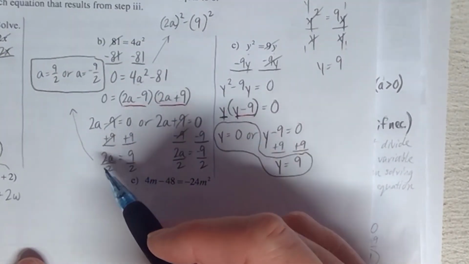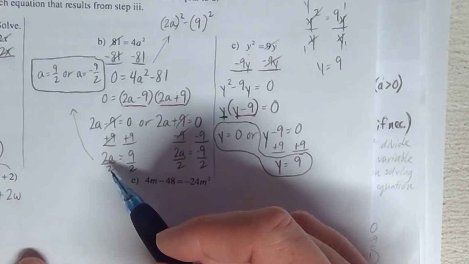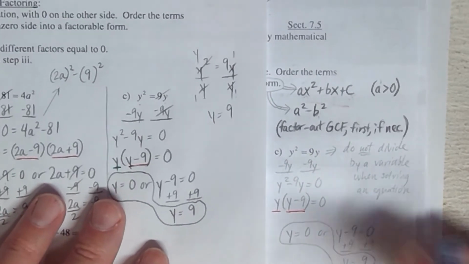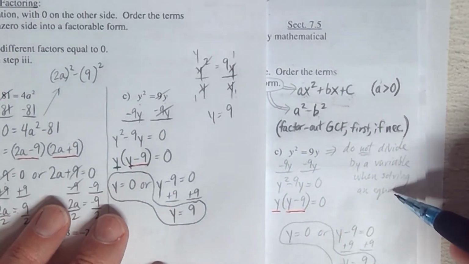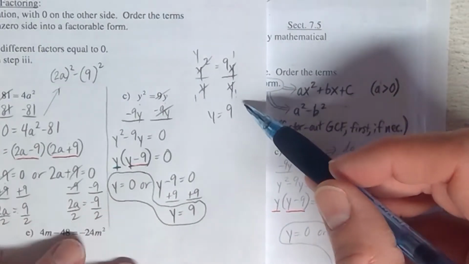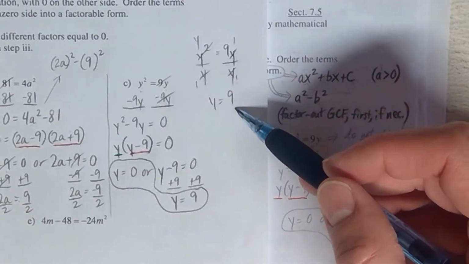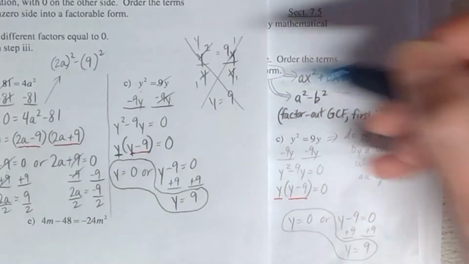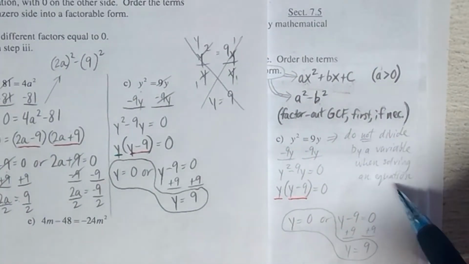You're allowed to divide by a constant number, like 2. 2 is not a variable. 2 doesn't have a variable in it. It's okay to do that, and we've done that many times. But you're not allowed to divide by something that has a variable in it while you're in the process of solving an equation. And you can see why that's bad here. It left out an answer when we did that. So do not divide by a variable when solving an equation.